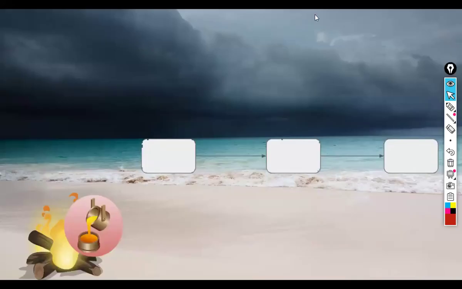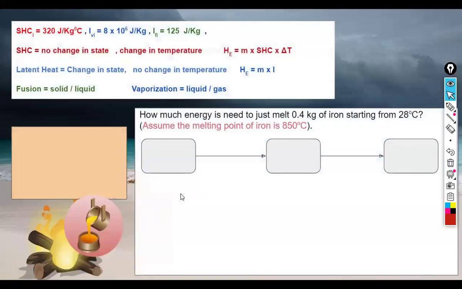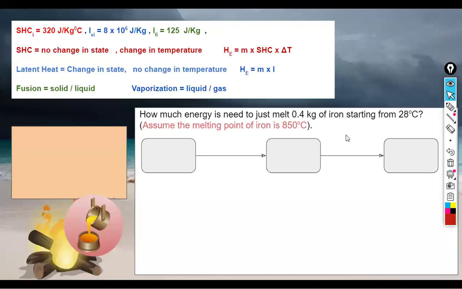All right, so here we have another one here. Let's describe what's going on here. So this question is a little bit different. How much energy is needed to just melt 0.4 kilograms of iron starting from 28 degrees Celsius?